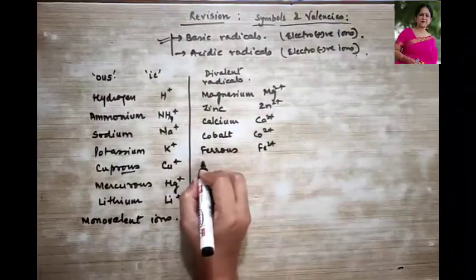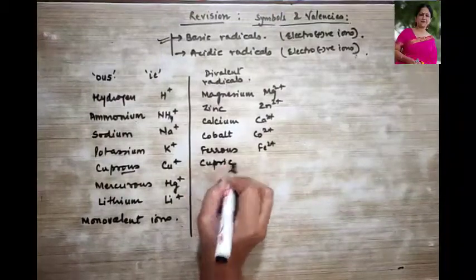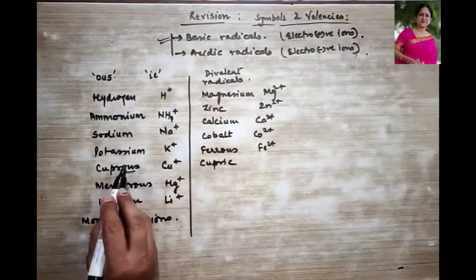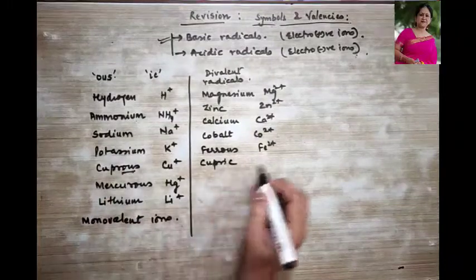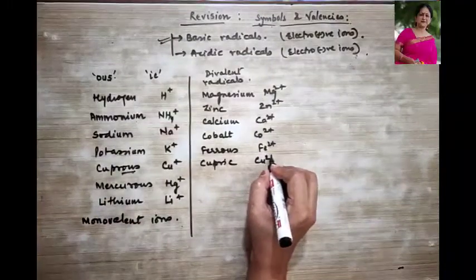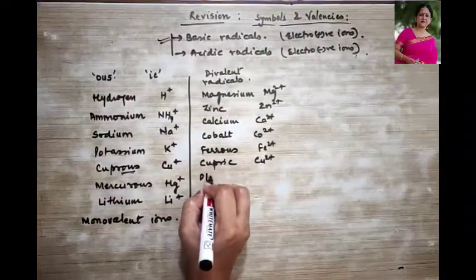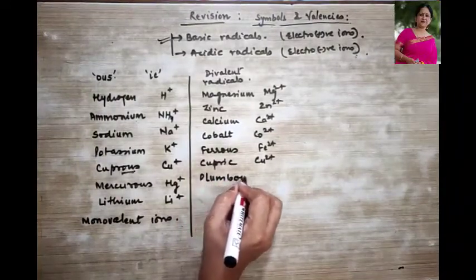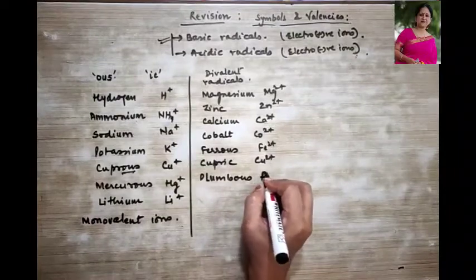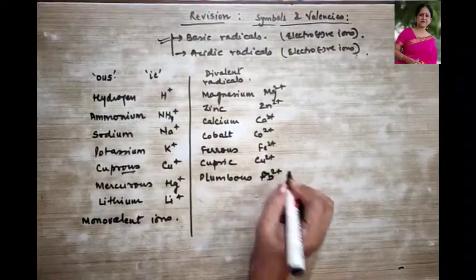Then I write cupric. Look here, cuprous is a smaller valency, cupric is a higher valency with Cu2 plus. Then we have plumbous, that is also Pb2 plus.